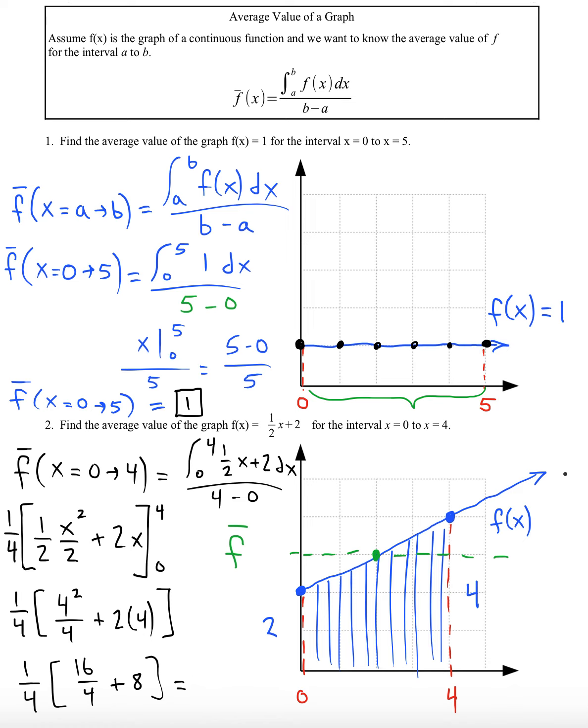So once we add that, we get 32 over 4 plus 16, so 48 over 4, that's 12 over 4, it's 3. The average value of the function is 3. That should make sense because it's a perfect trapezoid. Its height is 2 on the left, 4 on the right, so the f bar is 3.